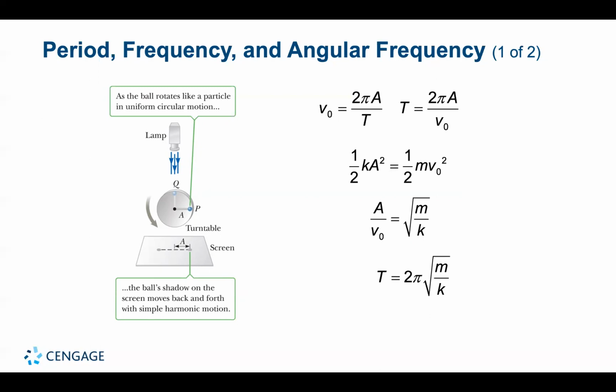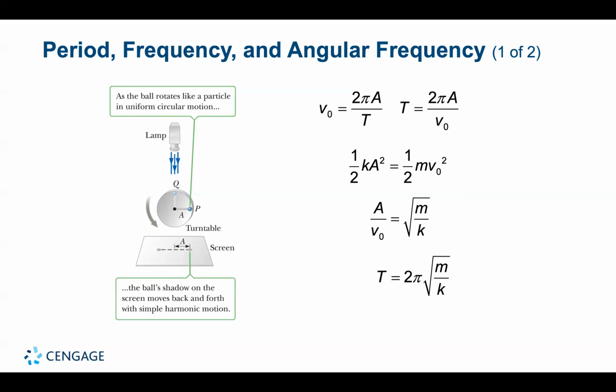with a period T defined as shown. Imagine the ball moving from P to Q, a quarter of a revolution. The motion of the shadow is equivalent to the horizontal motion of an object on the end of a spring. So the radius A of the circular motion is the same as the amplitude A of the simple harmonic motion of the shadow.